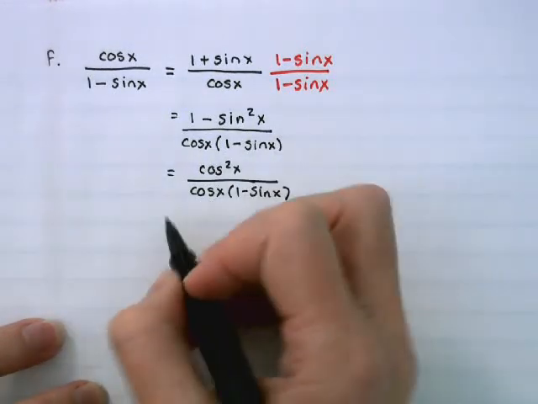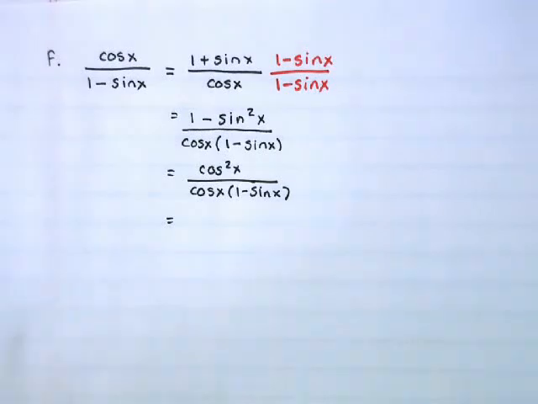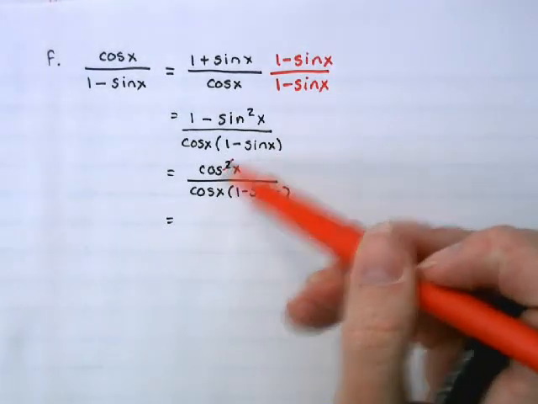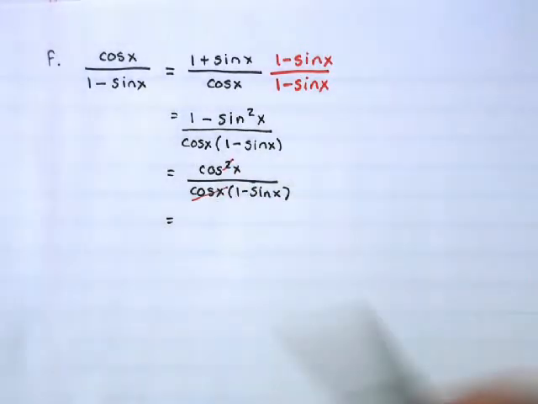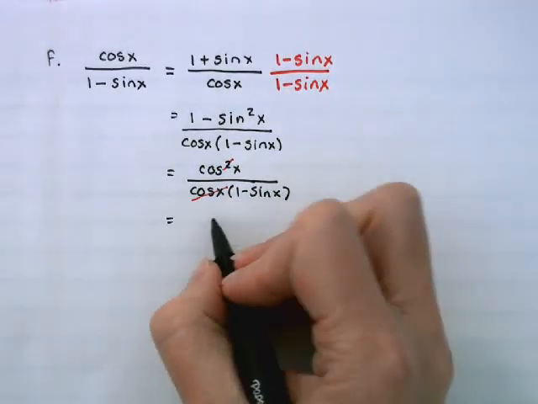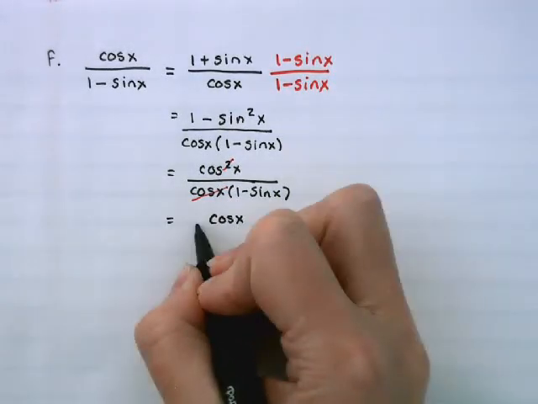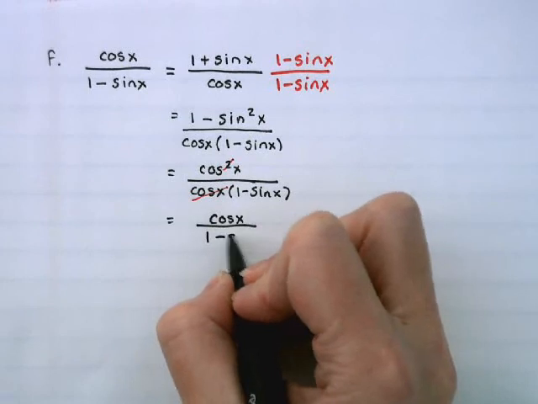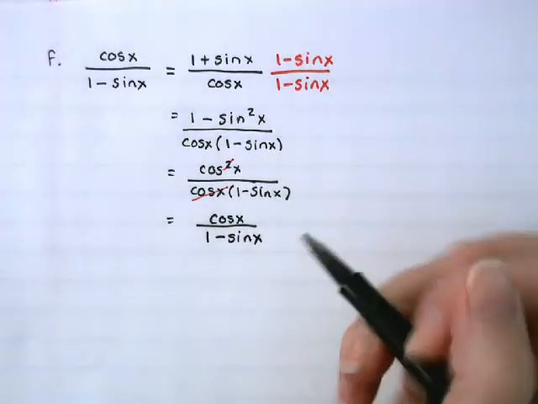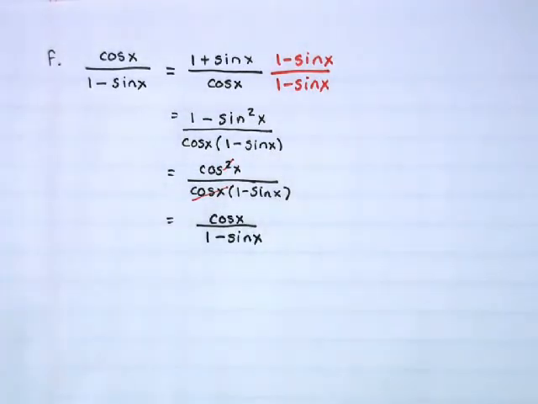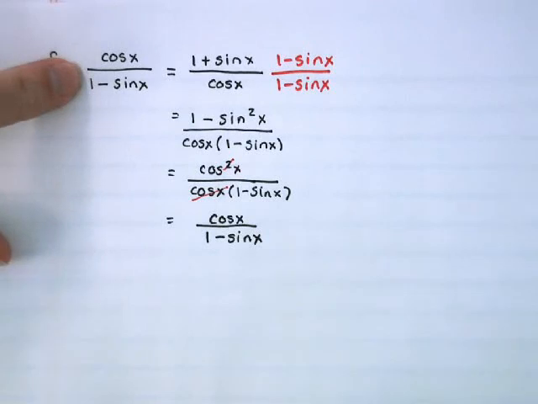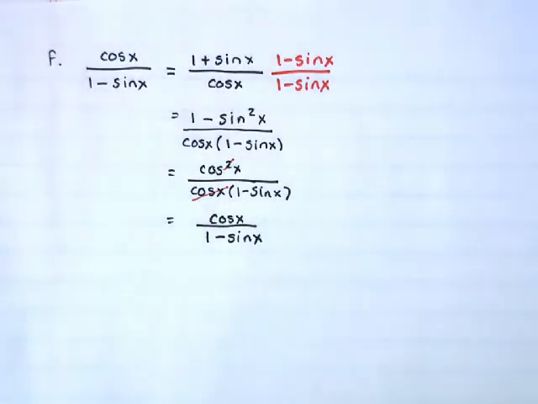And then cosine squared divided by cosine is going to reduce. So we'll have just one cosine in the top. And in the bottom, 1 minus sine. So this is, like I said, my method of forcing the issue. I want a 1 minus sine there, so let's put that. Here we could have multiplied by cosine over cosine, and we would have ended up with a similar result.